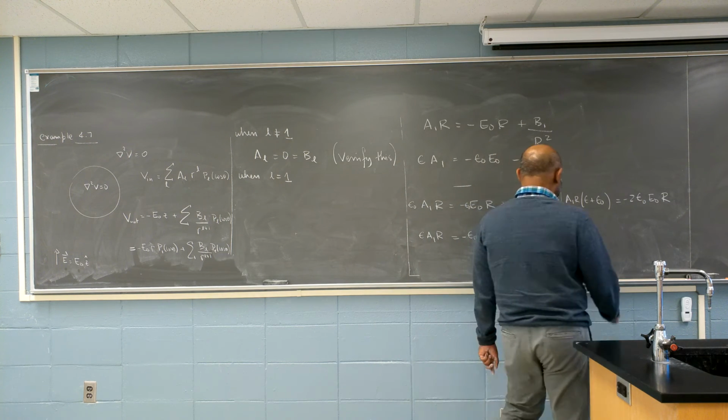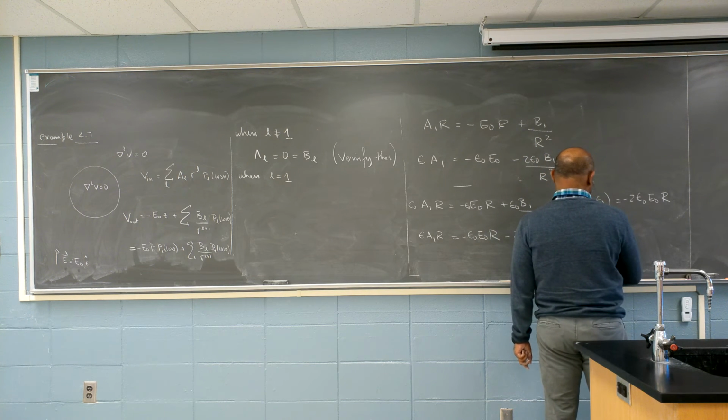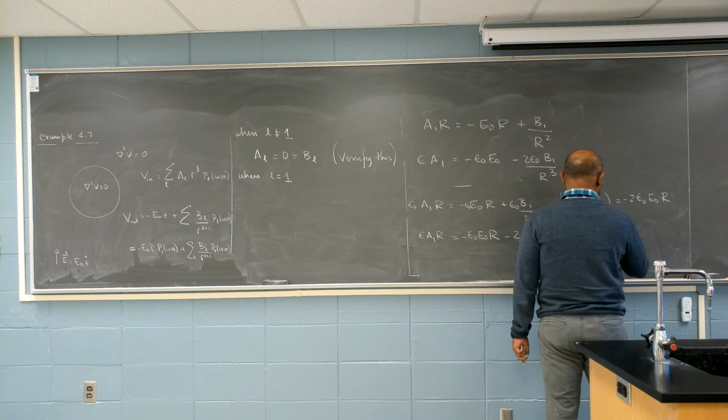And then I get A1 minus epsilon naught, 2 epsilon naught E0.